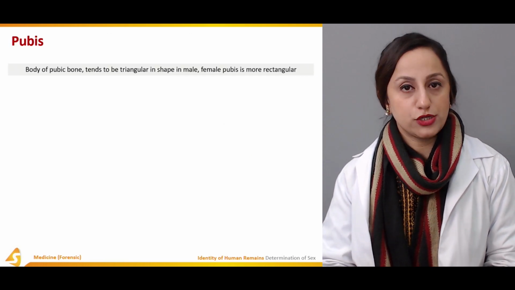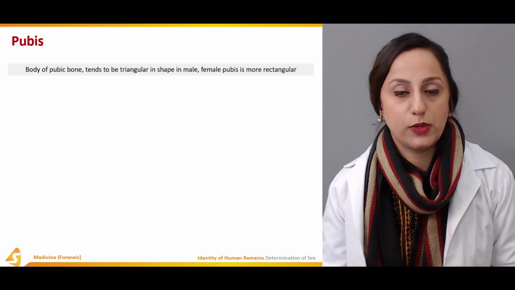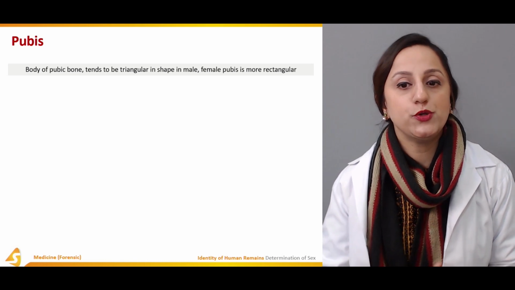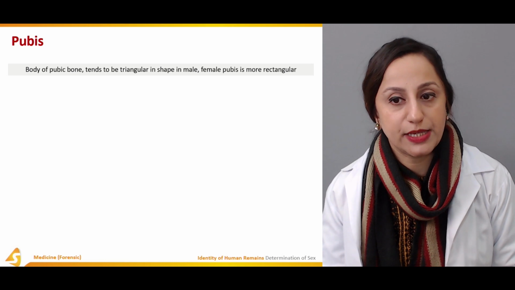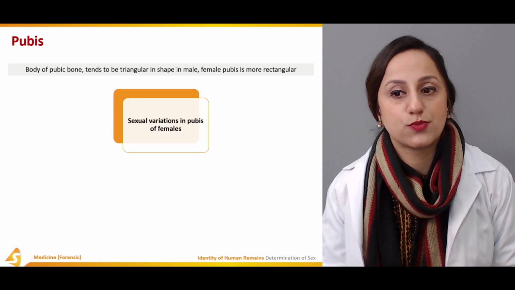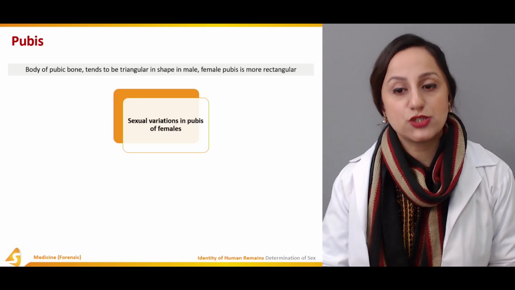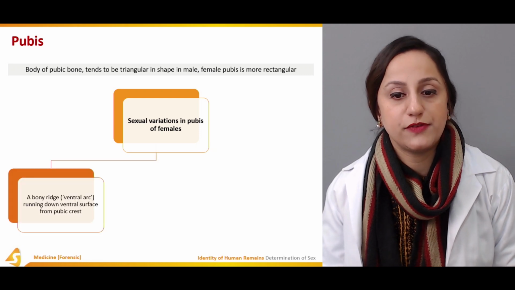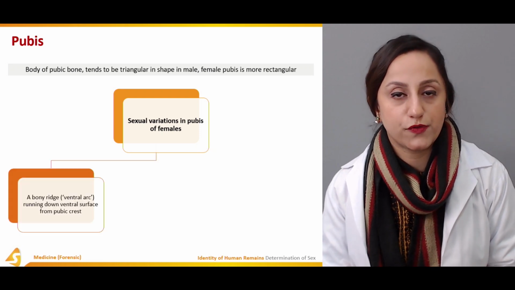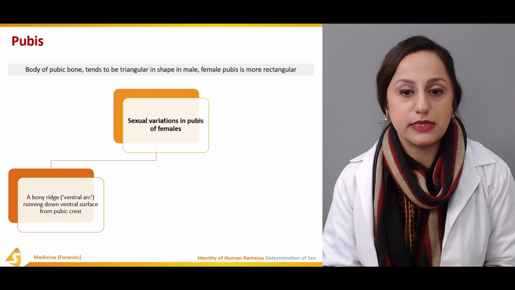Moving on to the pubis specifically, the body of the pubic bone tends to be triangular in shape in the male, and the female pubis is more rectangular. Sexual variations in the pubis of the females: there are certain variations from person to person, even in the females themselves.